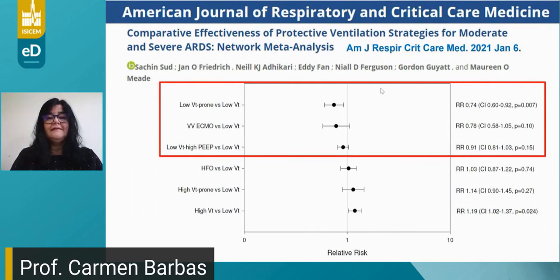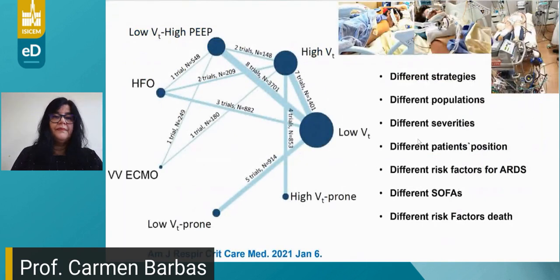A recent meta-analysis analyzing lung protective ventilation in moderate and severe ARDS only showed significant improvement of survival relating to high tidal volume in the low VT prone position, and trends with ECMO in the more severe patients, and with high PEEP and low VT versus low tidal volume, a trend to improve the survival.